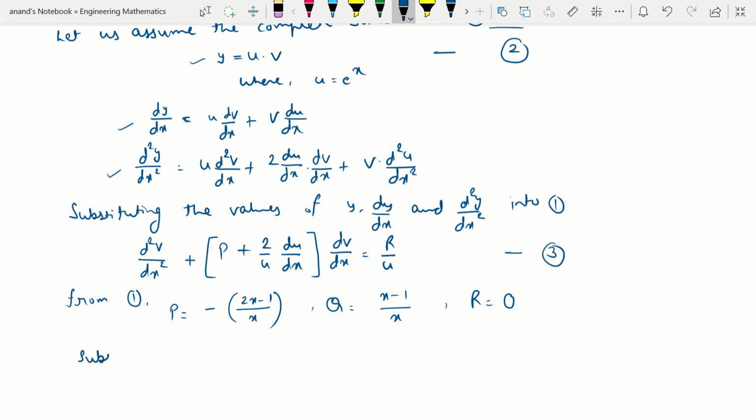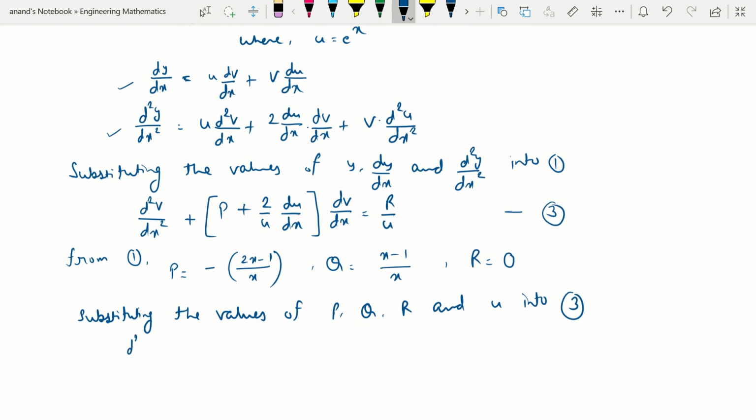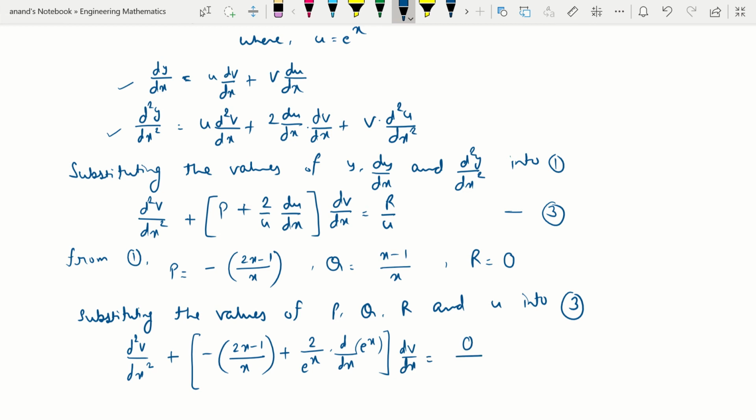Now substituting the values of p, q, r and u into third, we will get d2v by dx2 plus (minus (2x minus 1) upon x plus 2 upon e to the power x into d by dx of e to the power x) into dv by dx equals r upon u, that means 0 upon e to the power x.